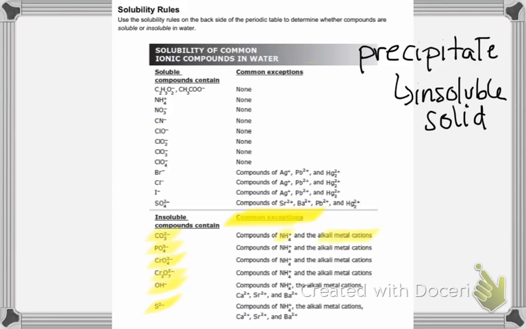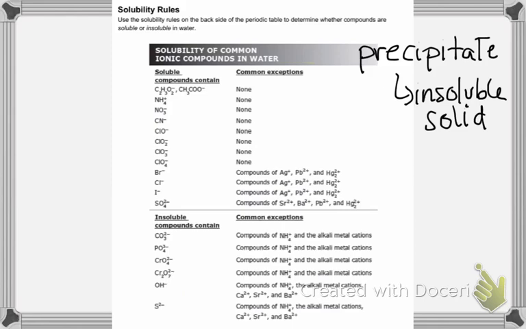The alkali metals are very reactive, so it's very unlikely that they'll allow any kind of clumping or precipitate to form. They will mix very nicely in with their solution. So all of these are considered to be soluble if they're bound to the alkali metals or ammonium.